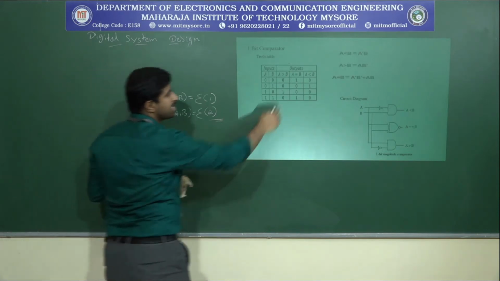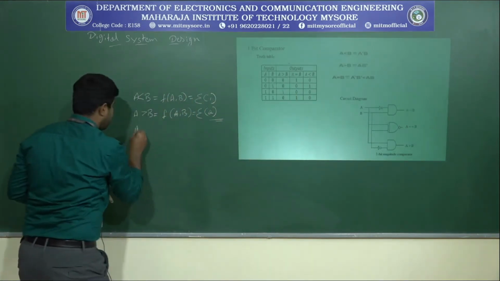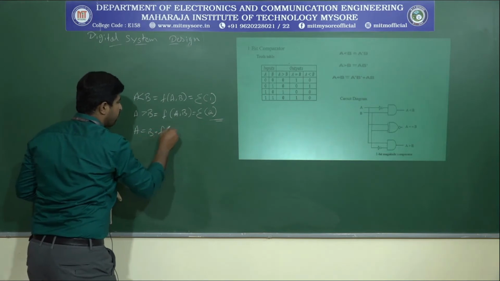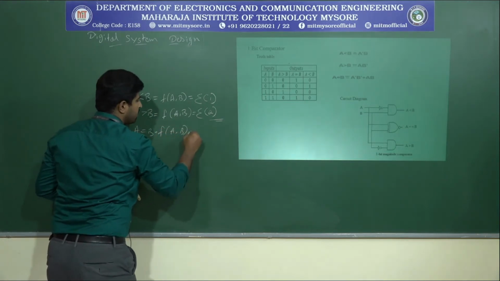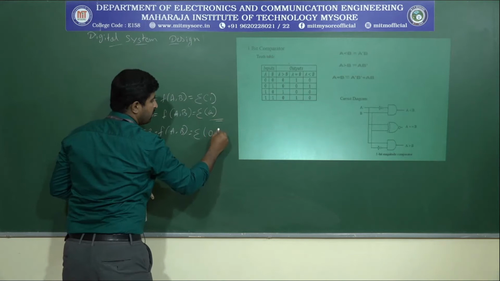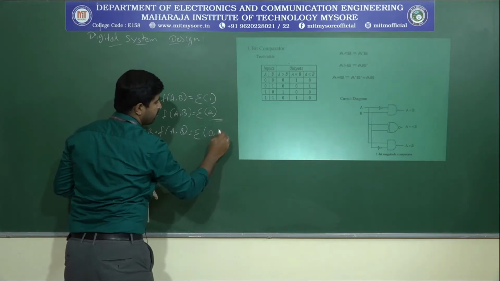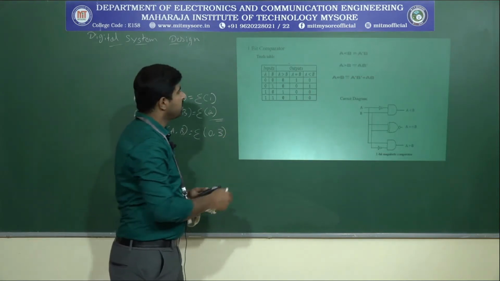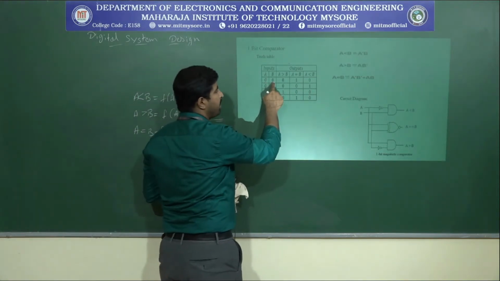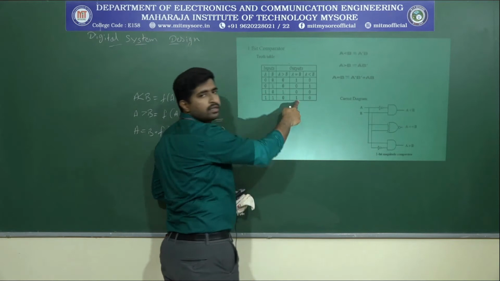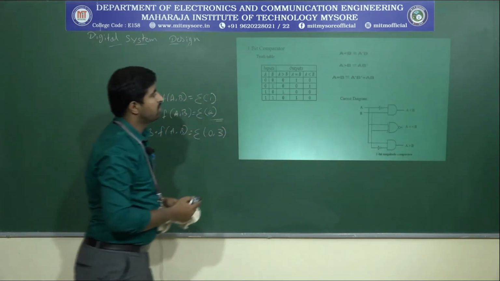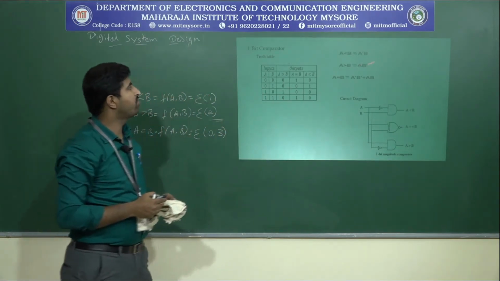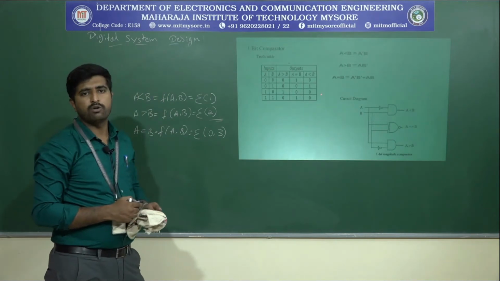Similarly, what is the equation for A equals B? A equals B equals F of A comma B, summation of 0 comma 3. That means the equation is A bar B bar plus AB. So this was the switching equation for the 1 bit comparator's outputs.